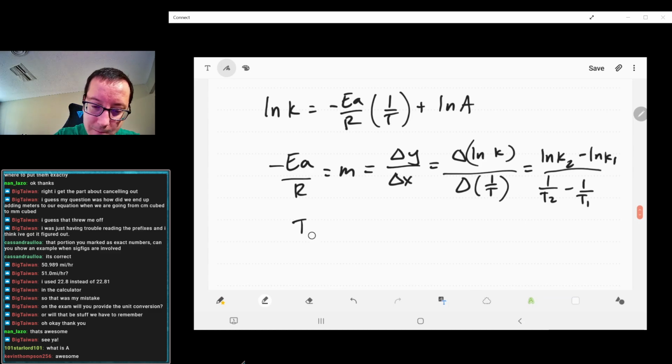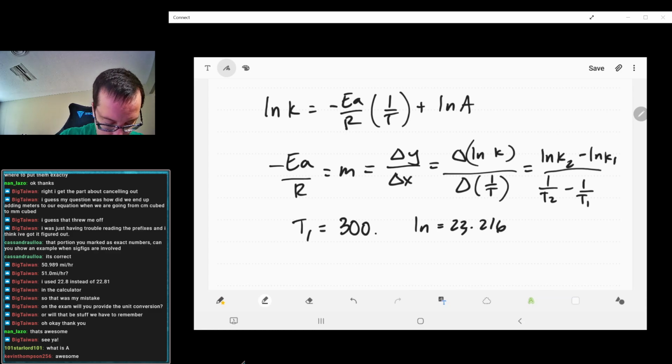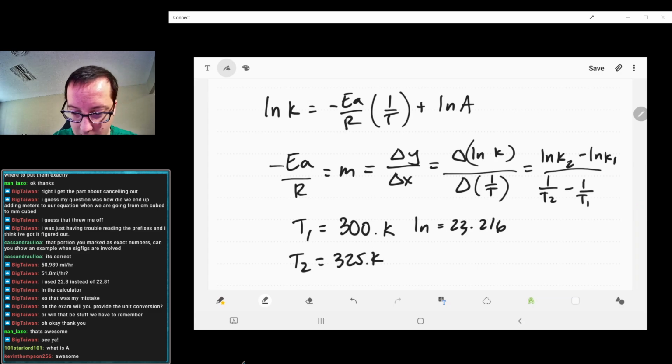At T1, 300 Kelvin, ln of K is equal to 23.216. And at T2, 325 Kelvin, the ln of K is going to be 23.539.